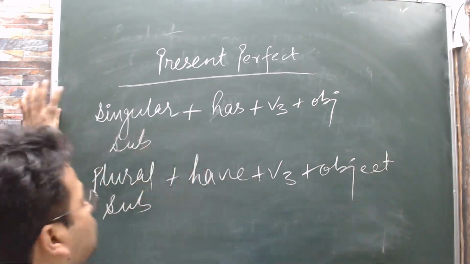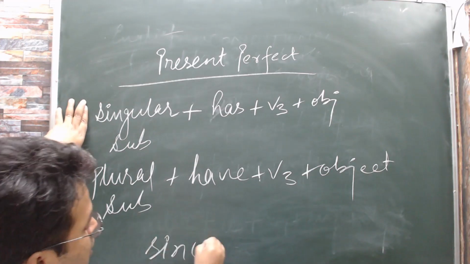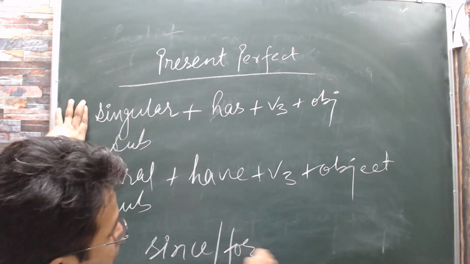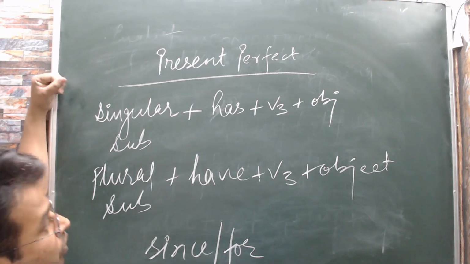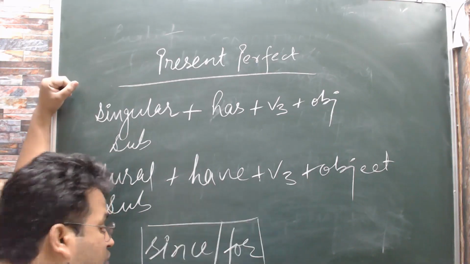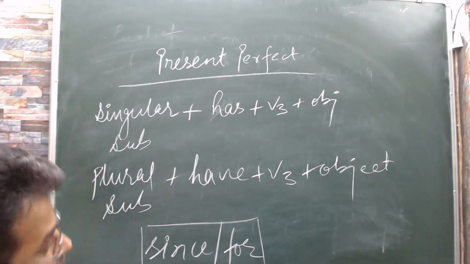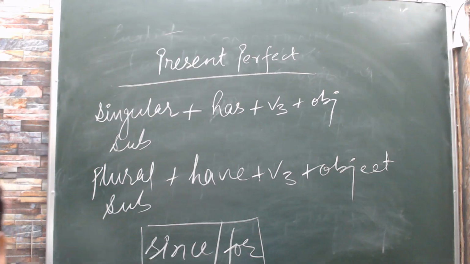Similarly, in this type of structure, you cannot use since or for, because you always use since and for with the present perfect continuous tense. And this is the mistake from where questions come in your examination. Right? So write it down.